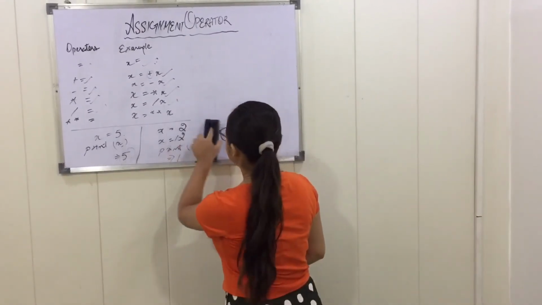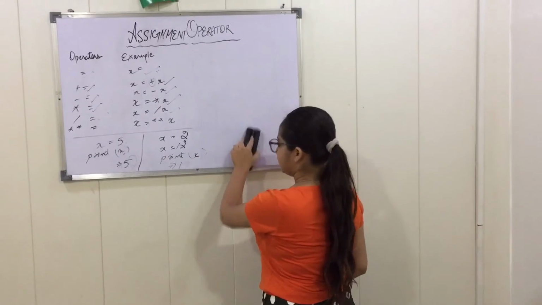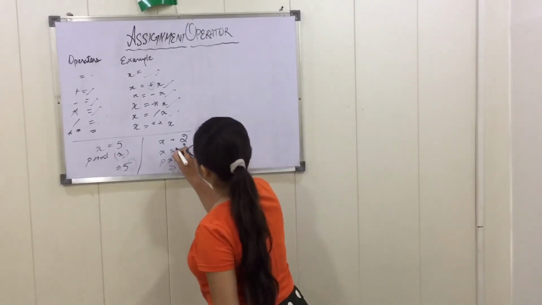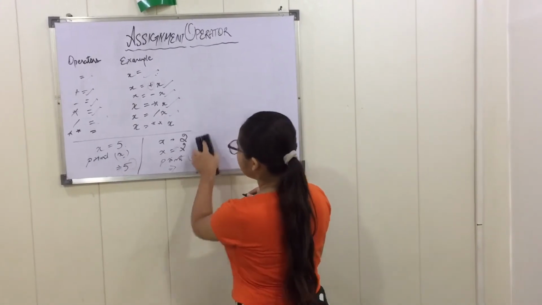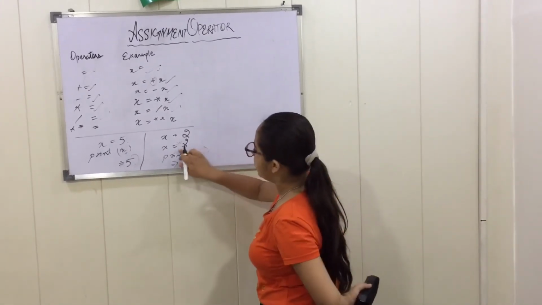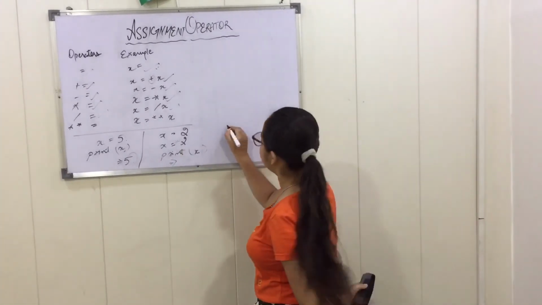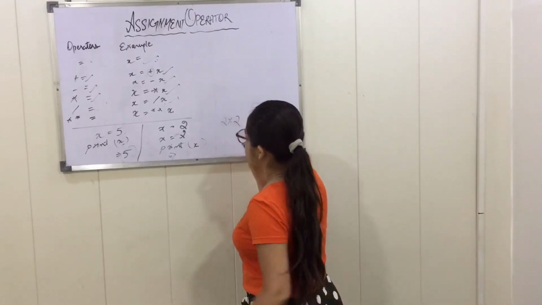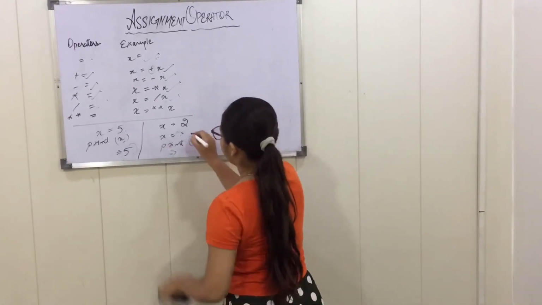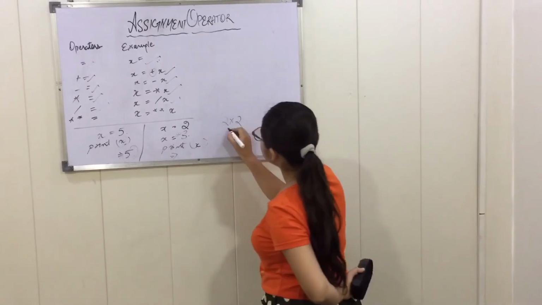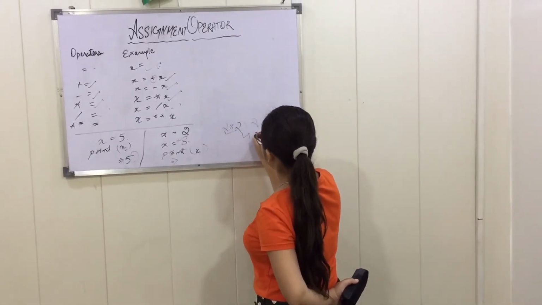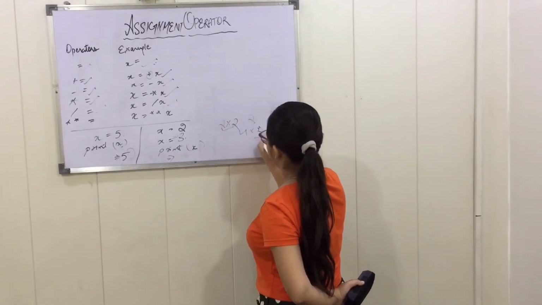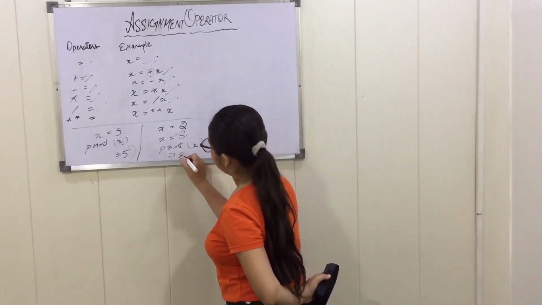Now the last one is exponential. Our first value is 2 and the exponent, suppose I am taking 3. So here it is 2 into 2 into 2. 2 twos are 4, 4 into 2 is 8. So the answer here is 8.